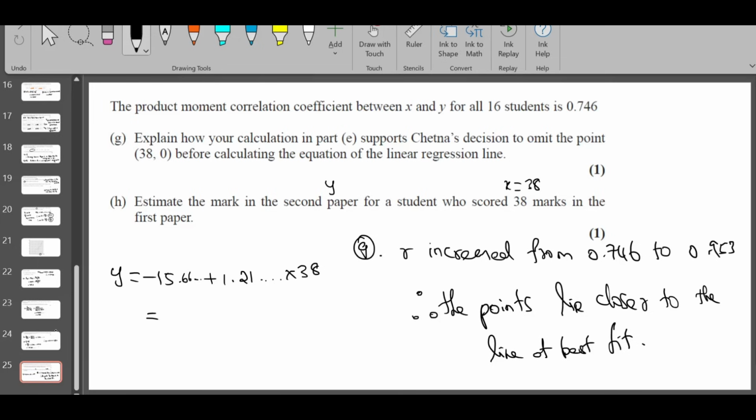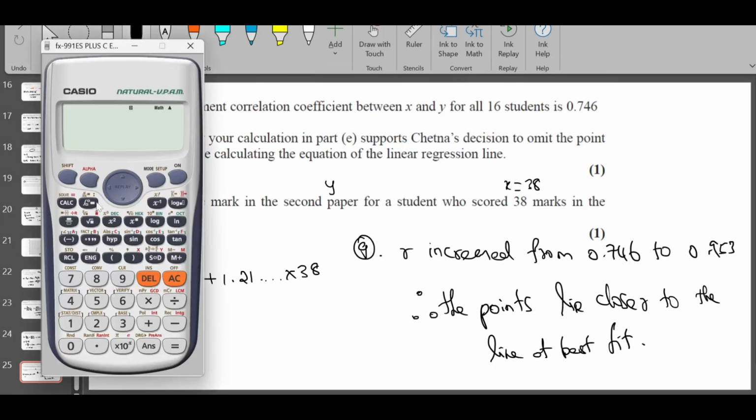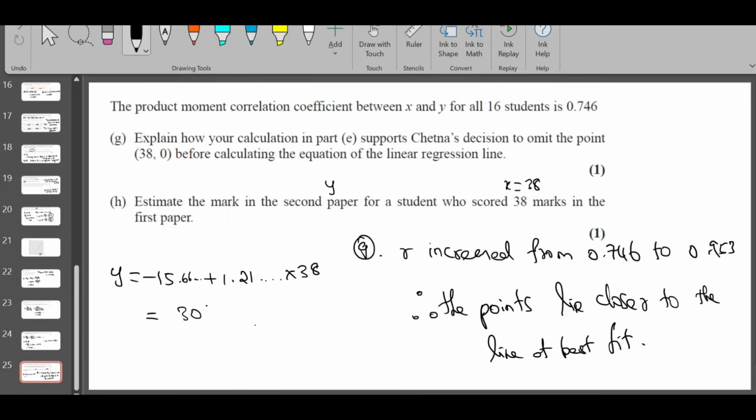In the calculator, I'm going to simply put A plus B times 38. 30.374, etc. So y is basically 30 marks. Or you can leave it as it is or round it to 3 significant figures. 30.4 is also correct. That's all.